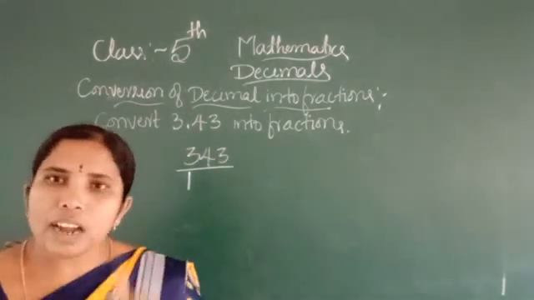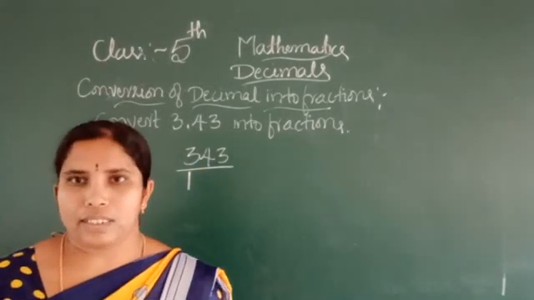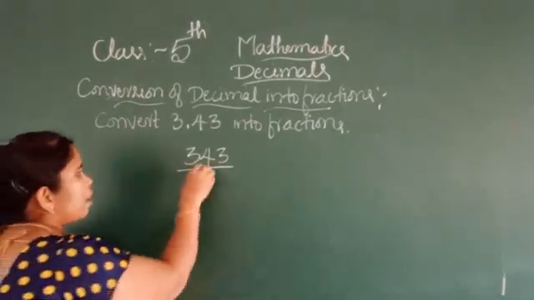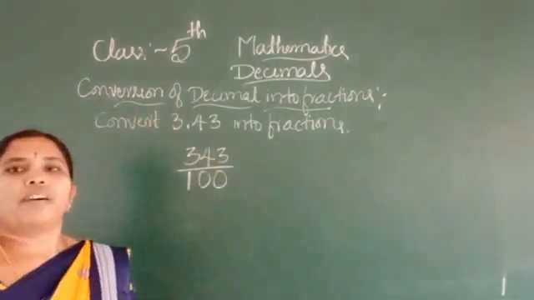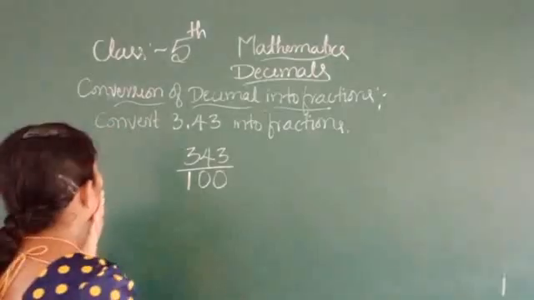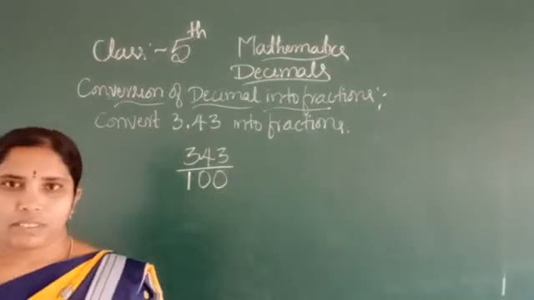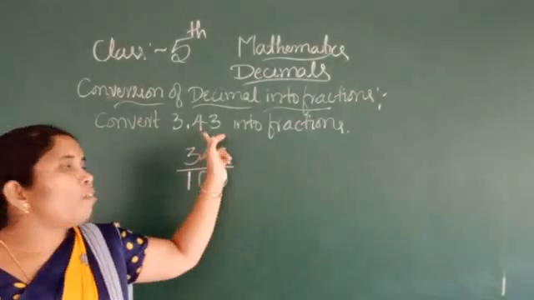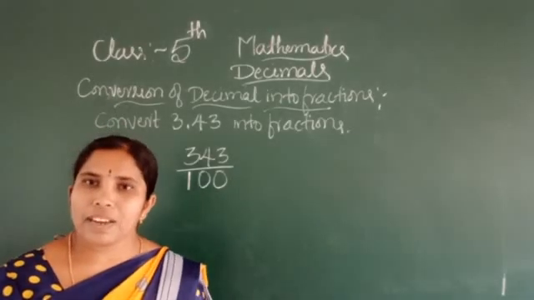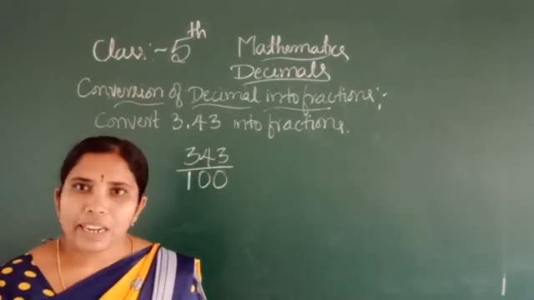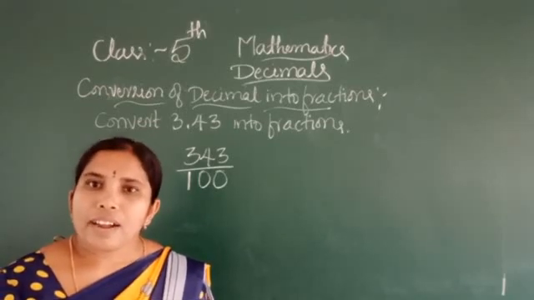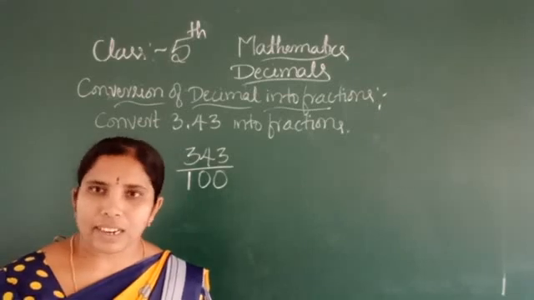There are 2 digits. Means you put 2 zeros after 1. Are you understand? So this is the fractional form of 3.43, that is 343 divided by 100. Yes, very easy problem. Okay students.